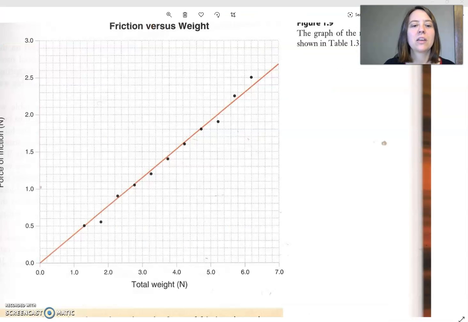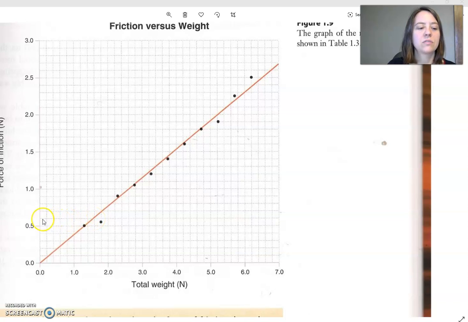If you remember, the coefficient of friction is the slope on a friction versus weight graph. So you'll want to pick a spot on the graph that is nice and easy to read, perhaps where the orange line goes through a corner.